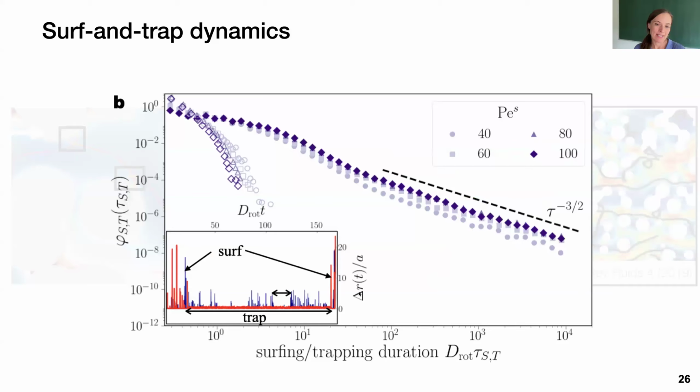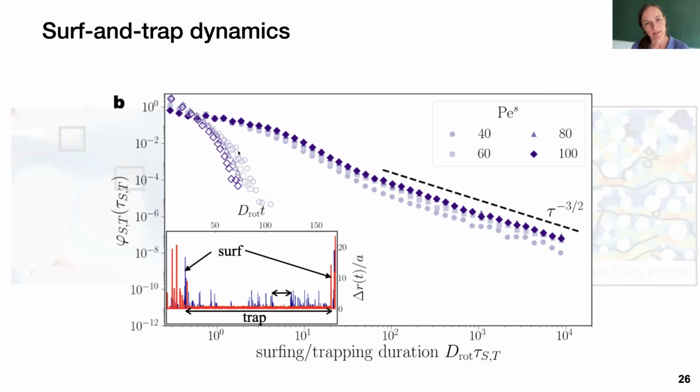We can plot the displacement as a function of time. And what you can see is that if we focus on the red curve, we see bursts of fast movement with large displacements and then long phases of trapping, staying at the same spot. This is what we essentially term the surfing phase, where the particle significantly moves with the flow, and the trapping phase, where it's trapped somewhere in the medium. We can statistically determine the distribution of times that the particles spend in either of these phases.